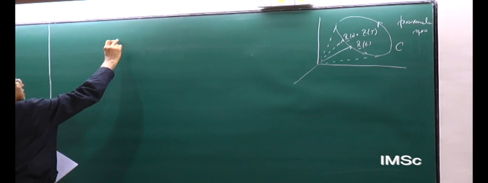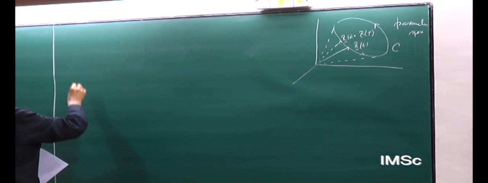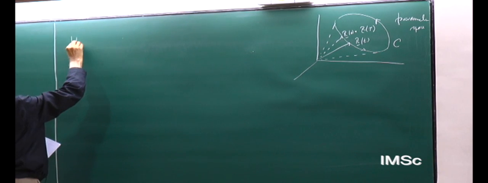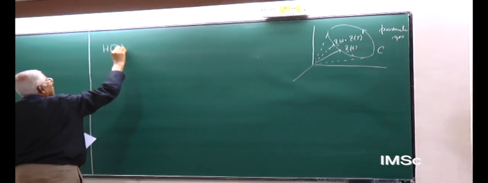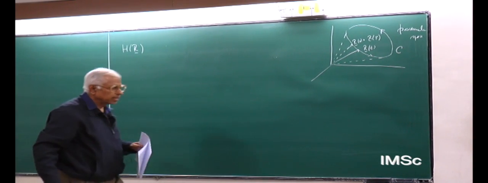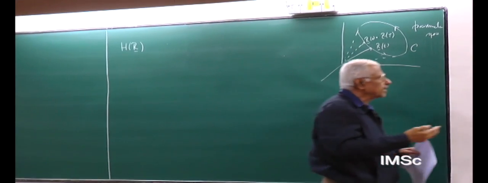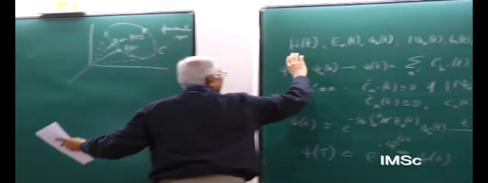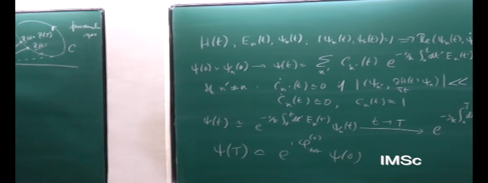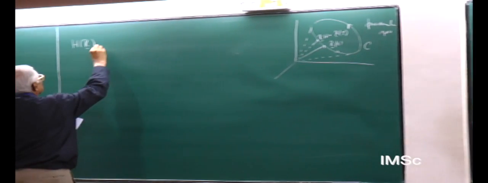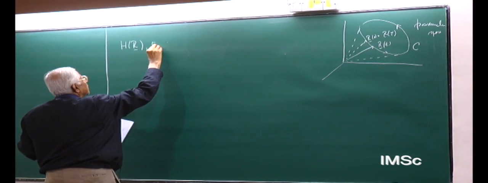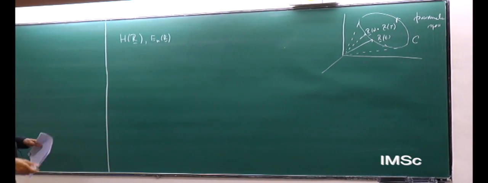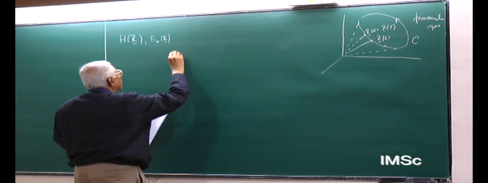And in this, which is really Berry's approach, the notation was slightly different. We imagine we have a Hamiltonian dependent on a set of classical external parameters. I want you to compare left-hand expressions with the right-hand expressions. And then at each point in parameter space, we have a set of eigenvalues, En of r.